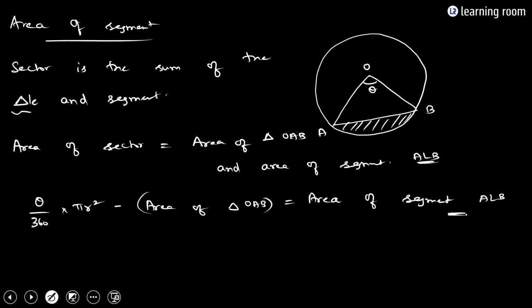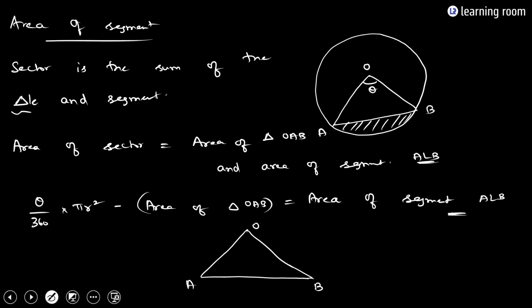Is it clear? Yes, sir. But I told you I need to explain how to calculate the area of triangle OAB. Can someone tell me what is the logic? They have given some formula in the textbook, but I don't know how it has come actually.